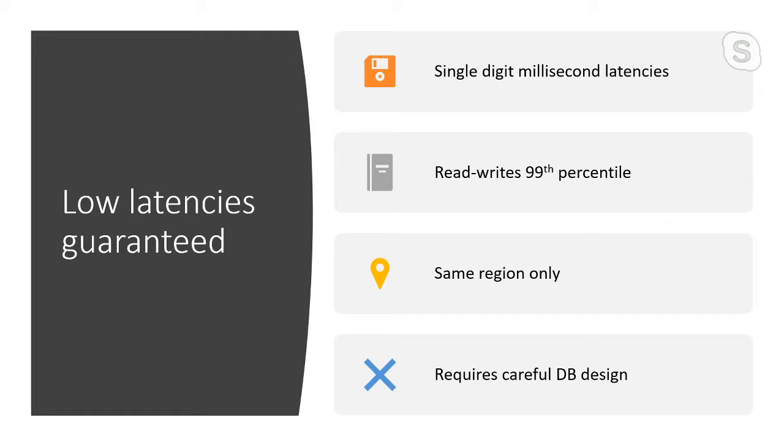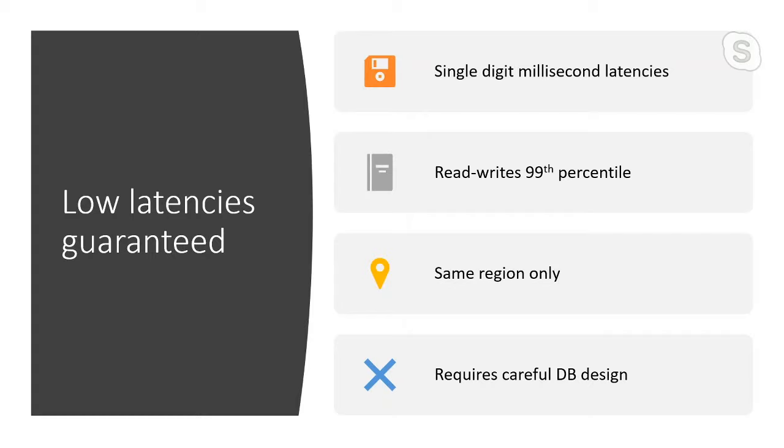When we say it provides millisecond latencies, let's say you have an application hosted in the East US region of Azure, and the Cosmos instance is also hosted in the East region of Azure. This actually helps keep up with the SLA, in that you can actually get single-digit millisecond latencies.